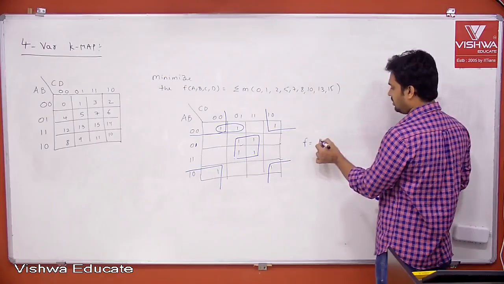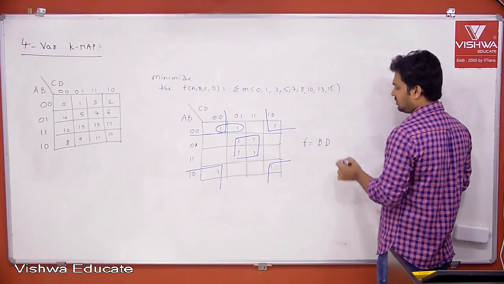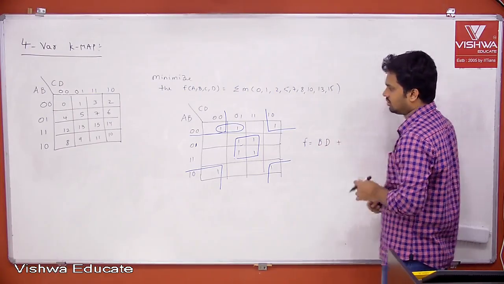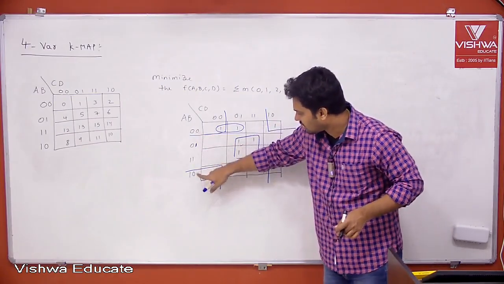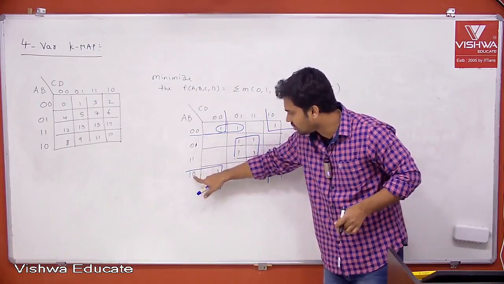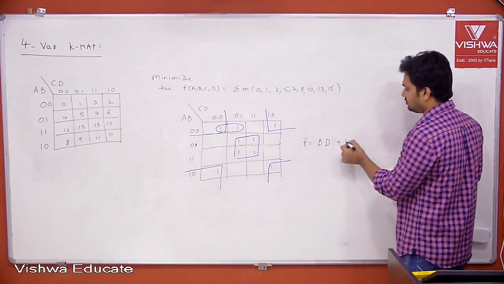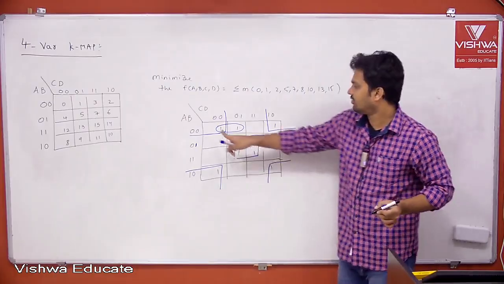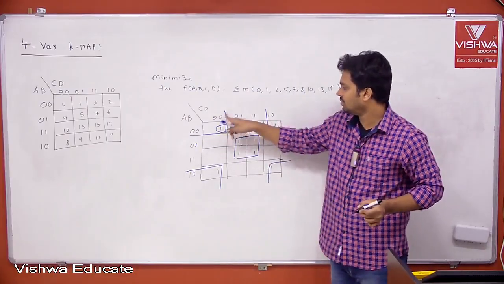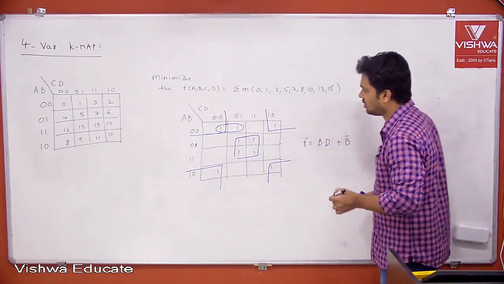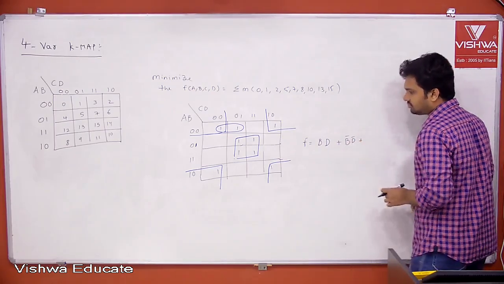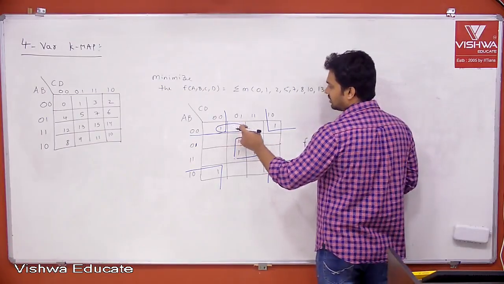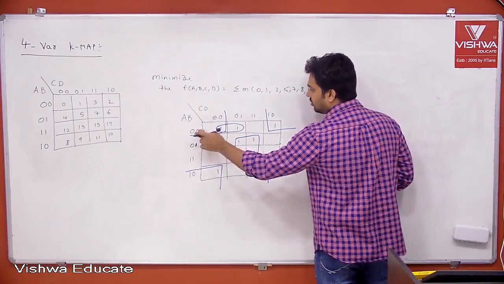So B into D plus all the 4 corners. In the first and last, what is the same? 0 is same. So B bar. In the first and last, what is same? This 0 is same. So it is D bar. Lastly, this pair, A 0, B 0.